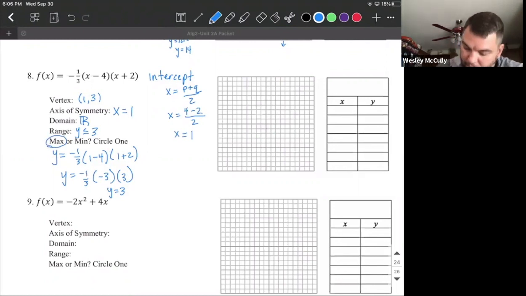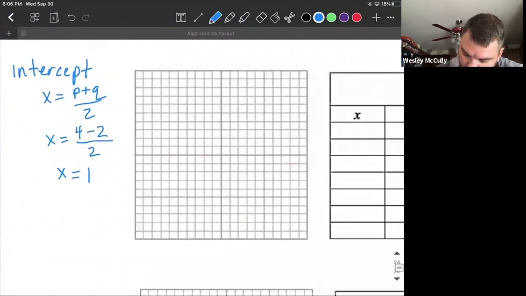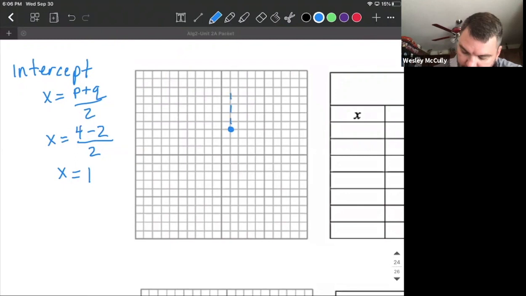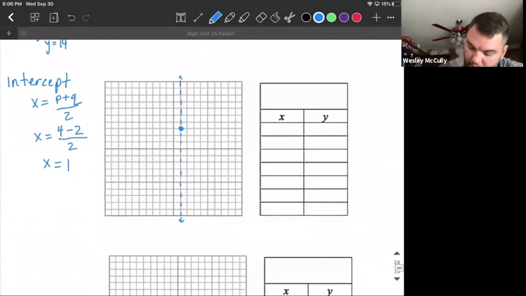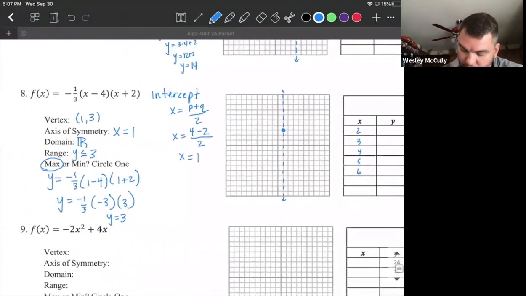Okay, so now I can plot my vertex at 1, 3. 1, 3 is here. I can graph the axis of symmetry here. And now I will pick points to the right of the axis of symmetry, 2, 3, 4, 5, and so on. And now I will plug in those values to find more points.